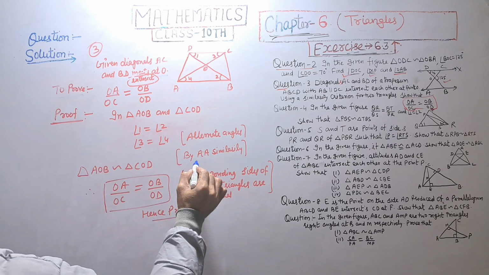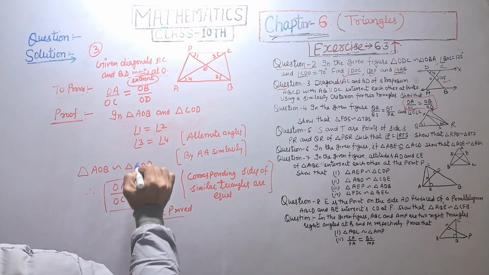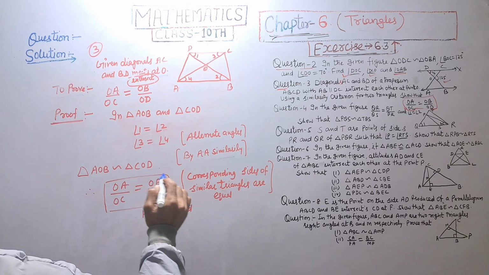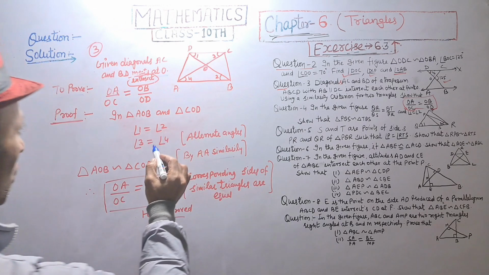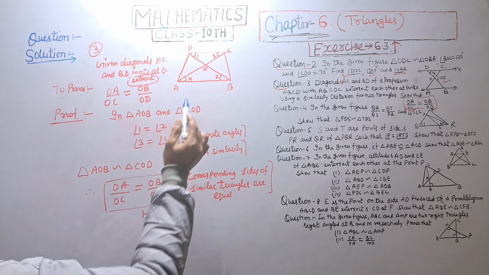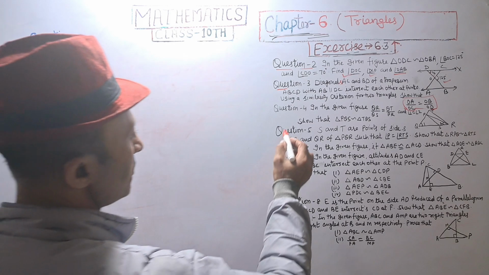So by angle similarity, triangle AOB is similar to triangle COD and corresponding sides of similar triangles are equal. So OA upon OC is equal to OB upon OD, hence proved.